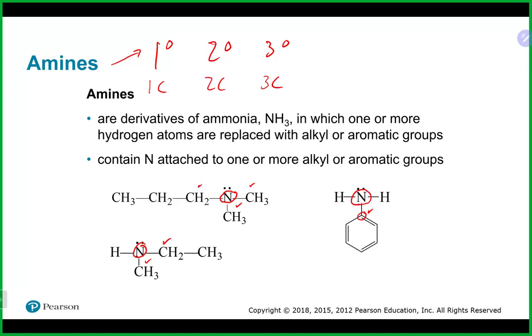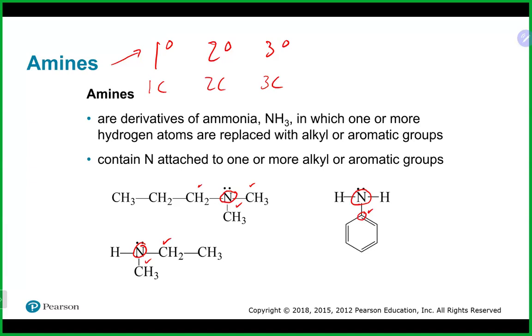Once again, like we've been talking about, I do personally count the carbons because it's just easier. But sometimes people will count hydrogens: no hydrogens attached to the nitrogen, say tertiary. If you've got one hydrogen, it is a secondary, and if you've got two hydrogens, then it is a primary.